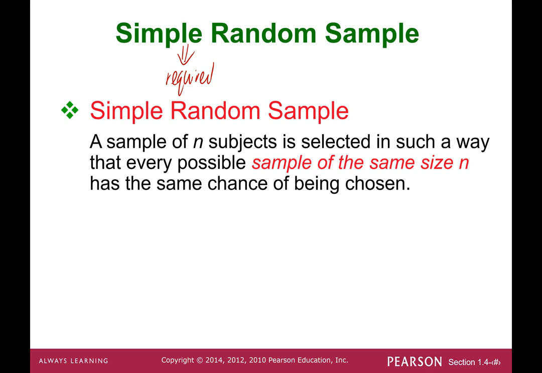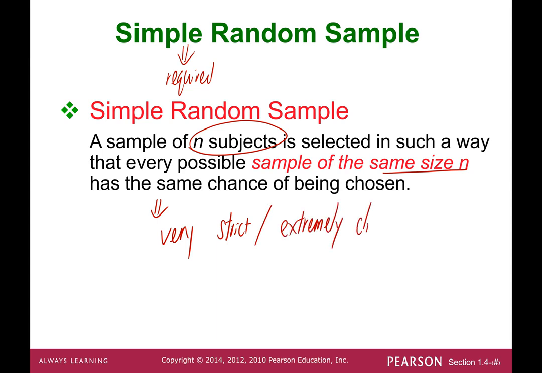The definition of a simple random sample: a sample of n subjects is selected in such a way that every possible sample of the same sample size has the same chance of being chosen. This is very rigorous, very strict, and extremely difficult to guarantee. But it makes sure you have a really good sample.